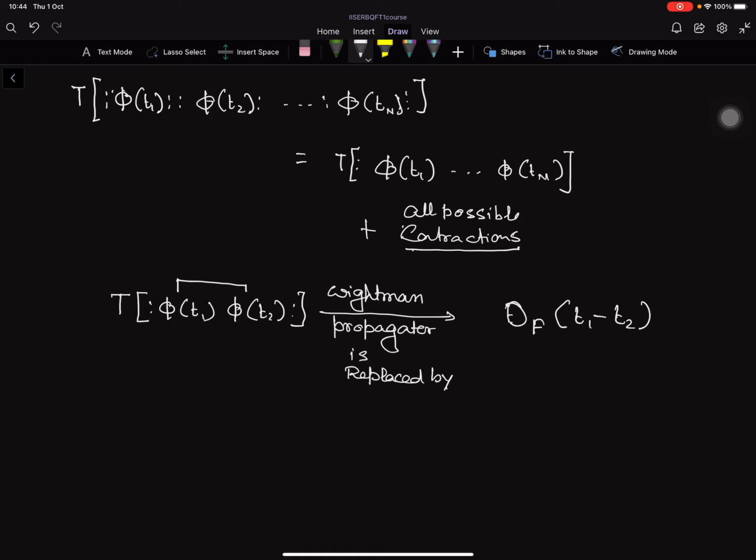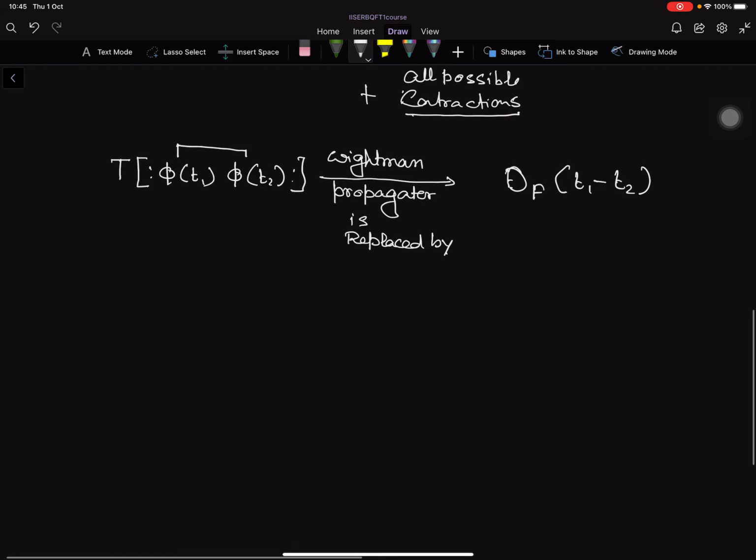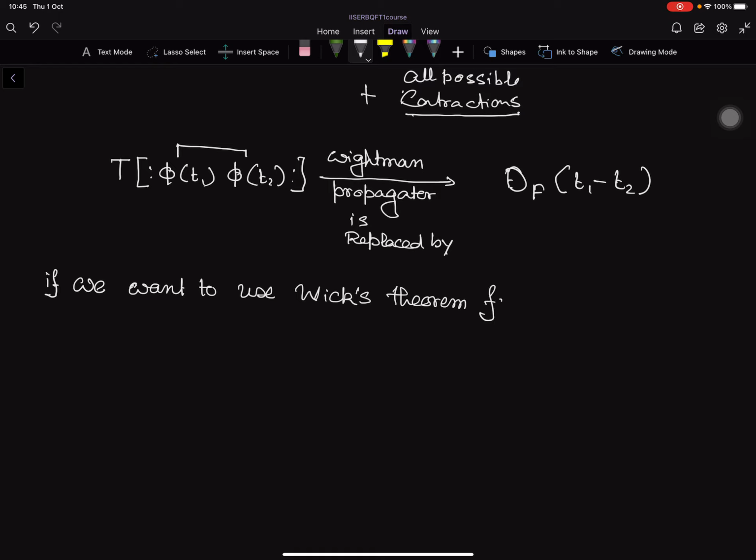If we want to use Wick's theorem for time ordered operators, the Wightman propagator will be replaced by the Feynman propagator.